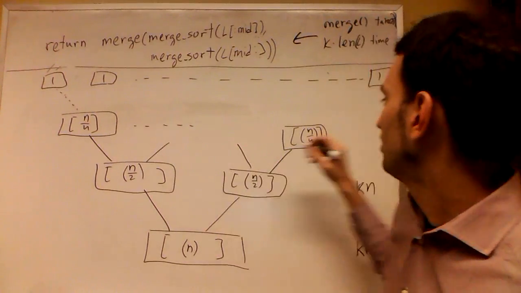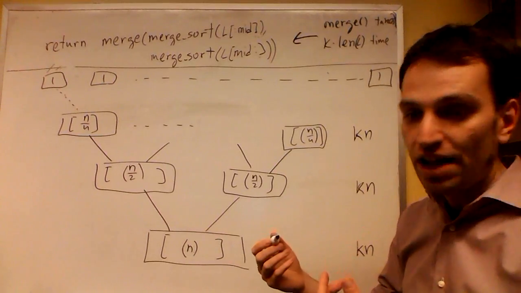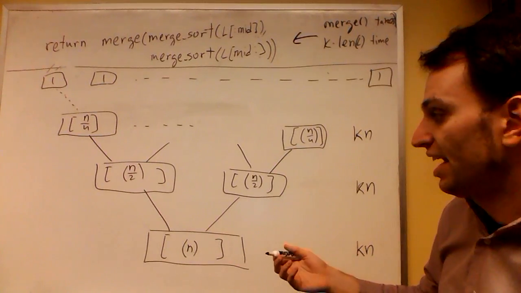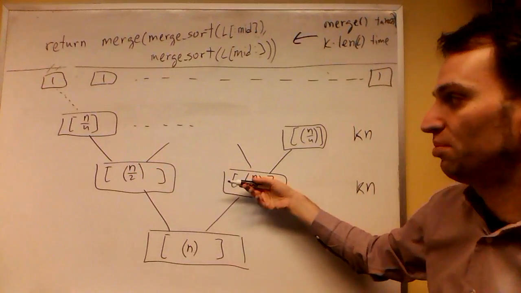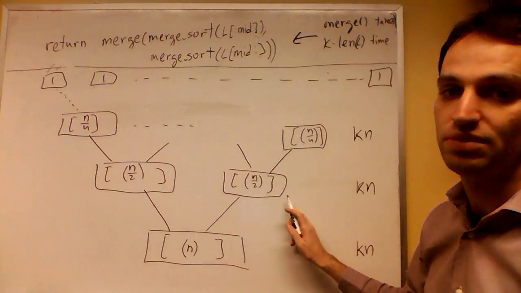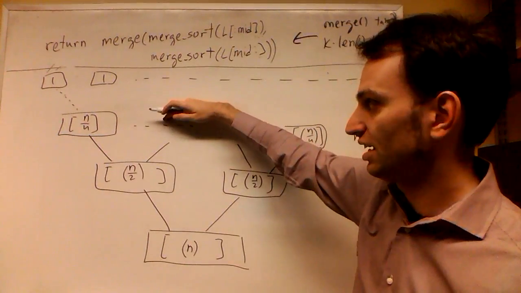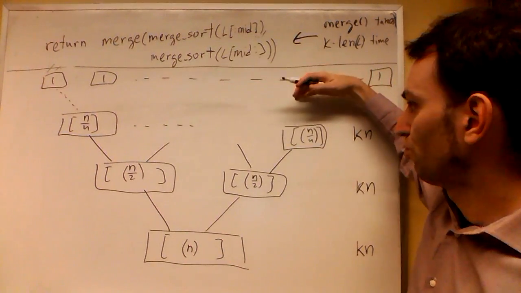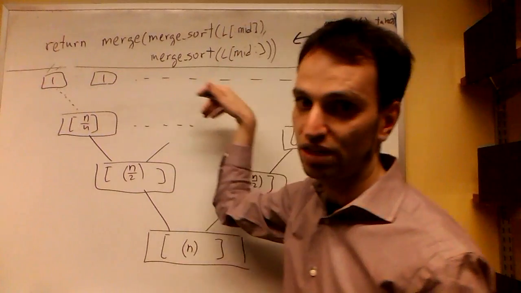For this level, it's also going to be kn. In fact, it's going to be kn for every level. The reason it's going to be kn for every level is because this is going to sum up to n, because here we have the first half of the list and here we have the second half of the list. Here we have the first quarter, second quarter, third quarter, fourth quarter, and so on. Here we have eighths of the list, and so on.